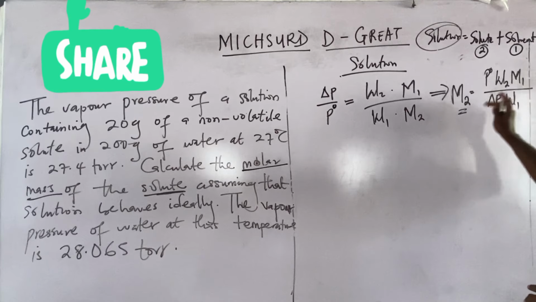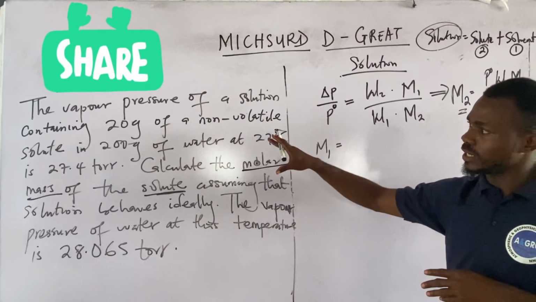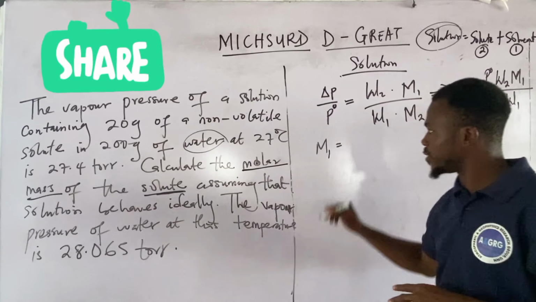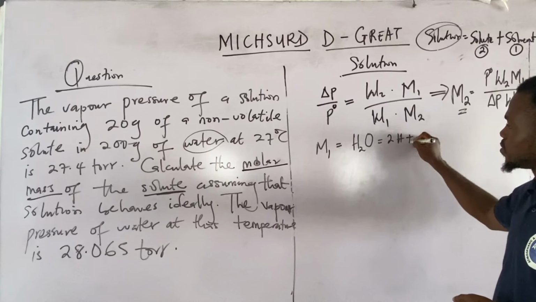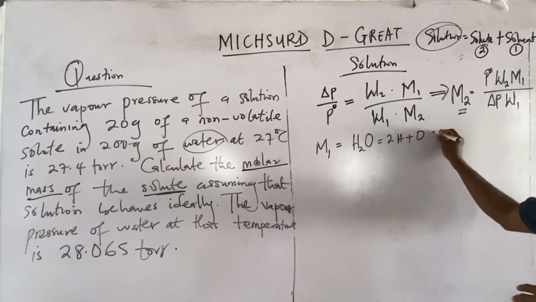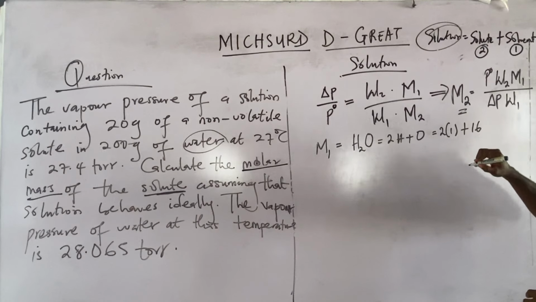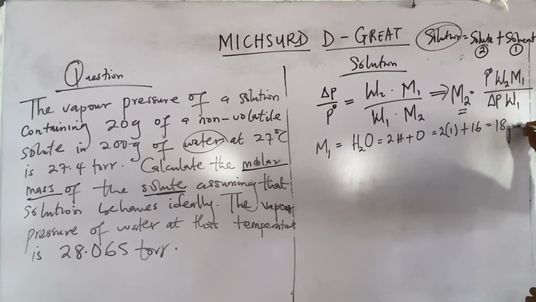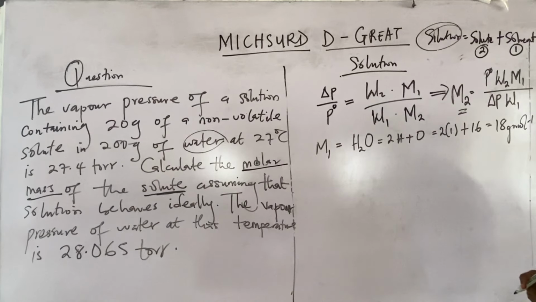Our M1 is the molar mass of the solvent, and our solvent here is water. Water is H2O, which means we have 2 of H plus oxygen. If we substitute their respective masses, we have 2 times 1 plus 16, which gives us 18 grams per mole, the molar mass of the solvent.